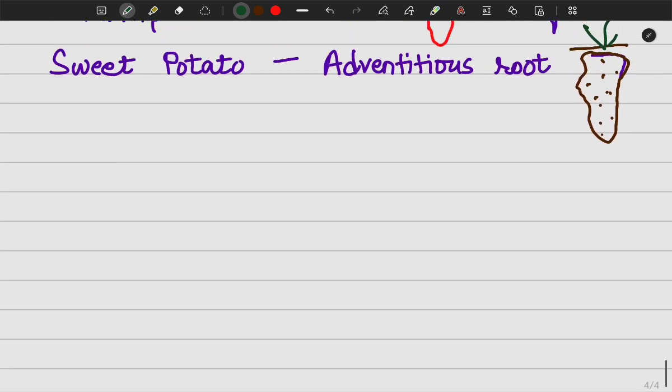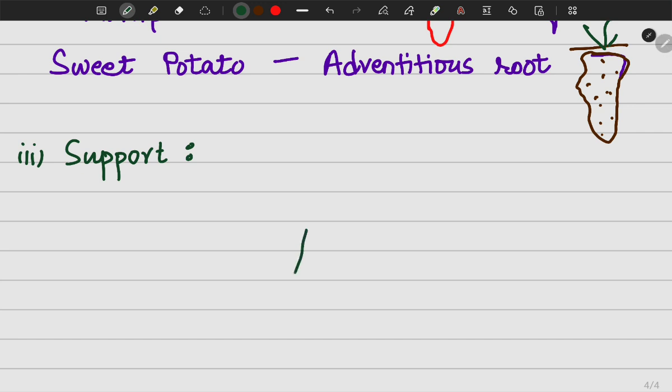Moving on to the next modification, which is support. Now, if you have seen a banyan tree, there are certain root-like structures which hang from the tree.